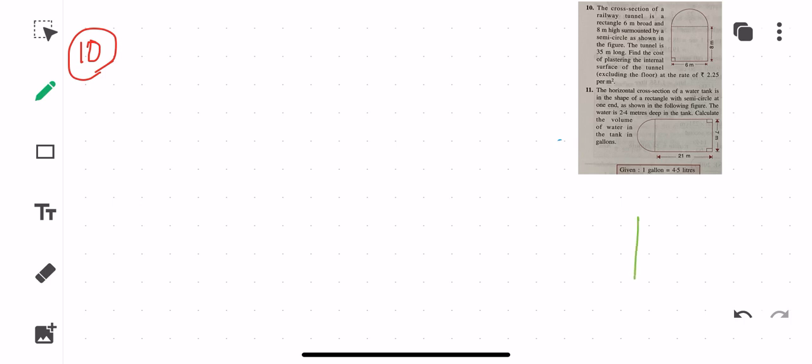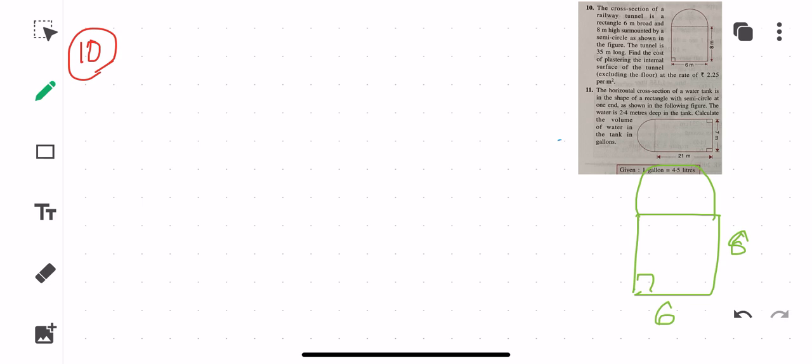Suppose this is the figure that has been given to me. How are you going to write this? We'll be writing it completely in the terms as it is given in your textbook. Here you will write perimeter of cross section is equal to.